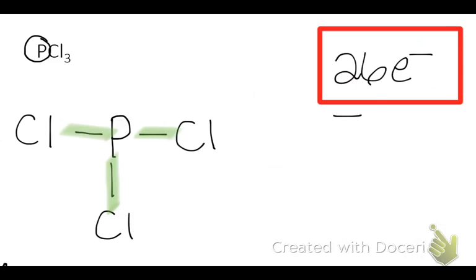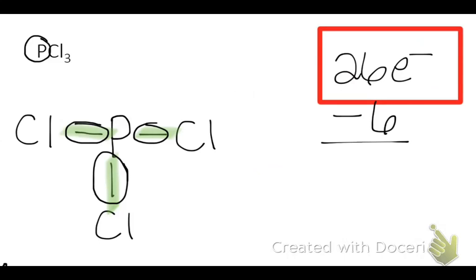Very good. I used up 6. Remember, 2 from him, 2 from him, and 2 from him. Okay? So I used up 6, which means how many electrons do I now have? Very good. I have 20. Alright? And so what was my next step? Alright, my next step was start from the outside and work my way in.